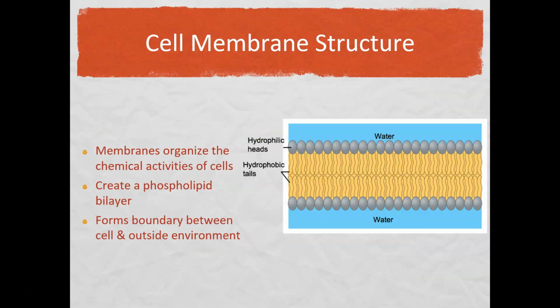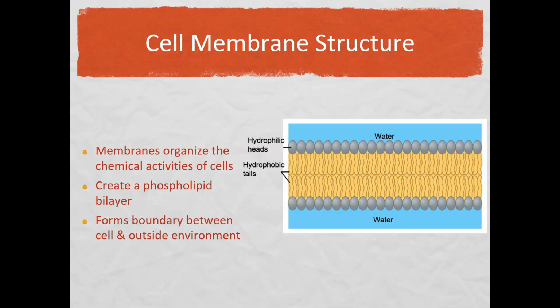So your cell membrane organizes itself into this bilayer so that those hydrophilic polar heads can sit on the outside of your cell membrane and interact with the water on the outside of the cell, as well as interacting with the water in your cytoplasm. Remember, your cytoplasm is mostly water. It's that cytosol, and so there's a copious amount of water inside.